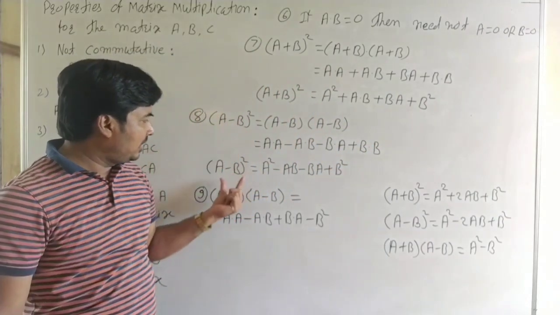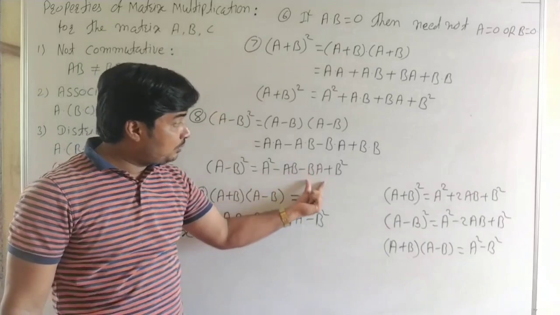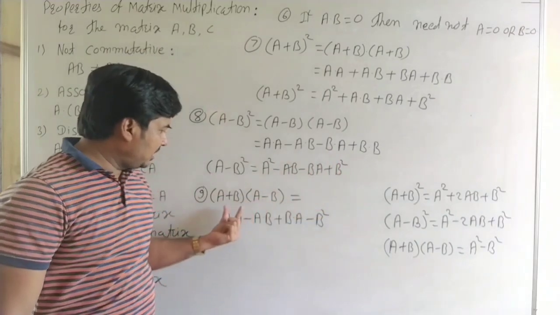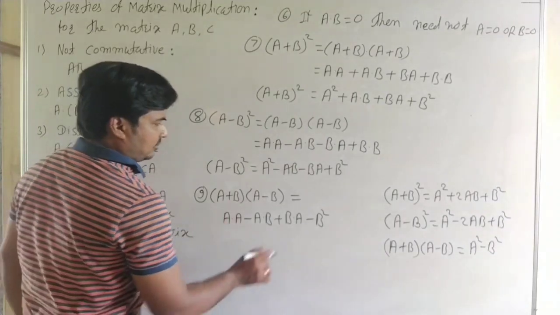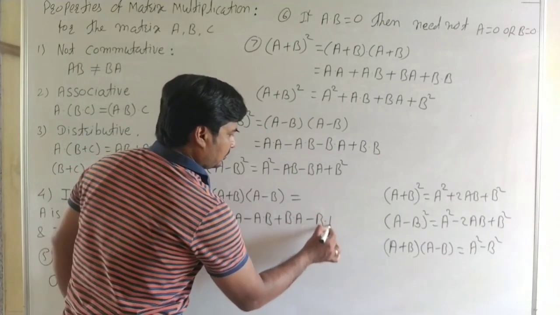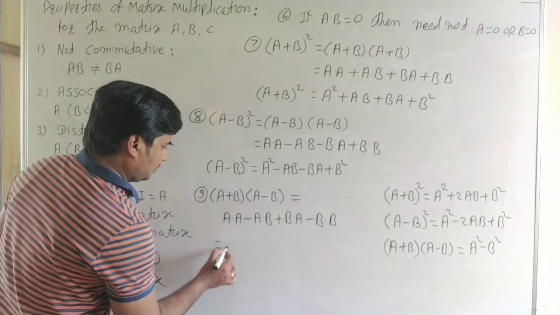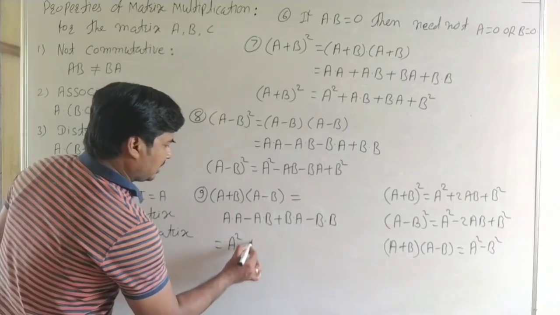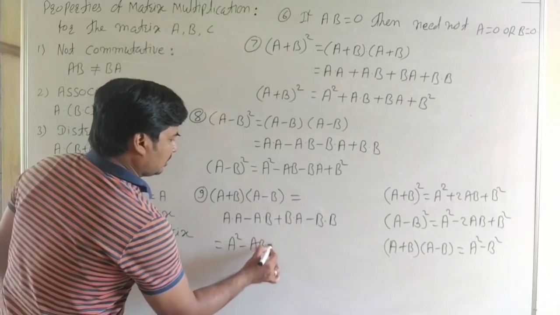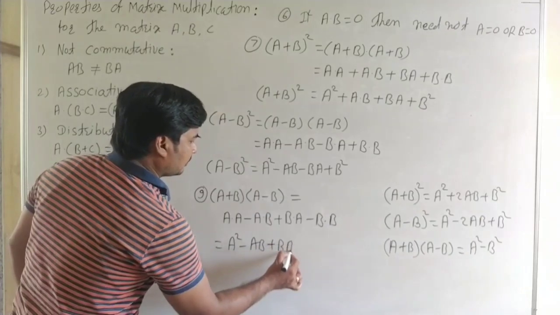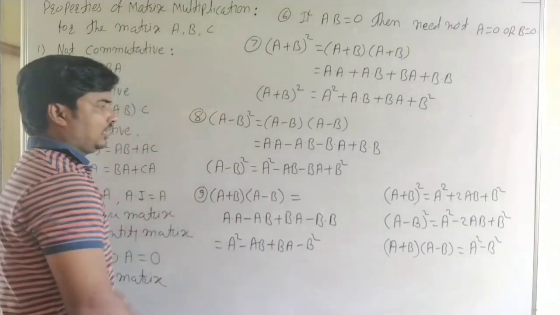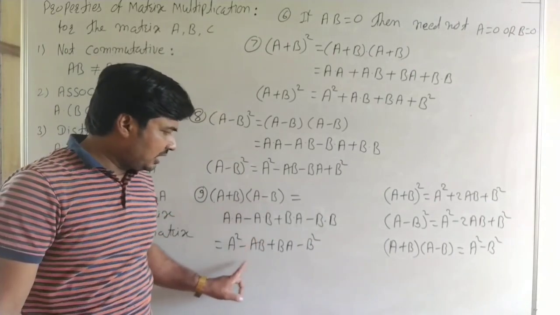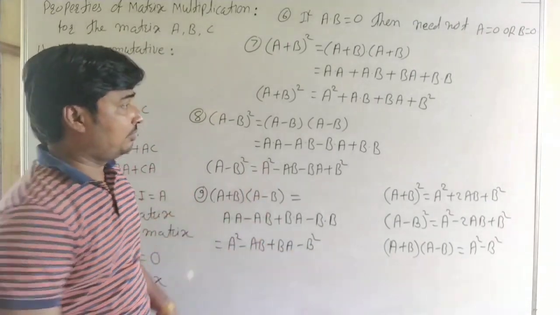(A−B)² is A² − AB − BA + B². And here (A+B)(A−B), A into A is A², and one more step: A² − AB + BA − B².